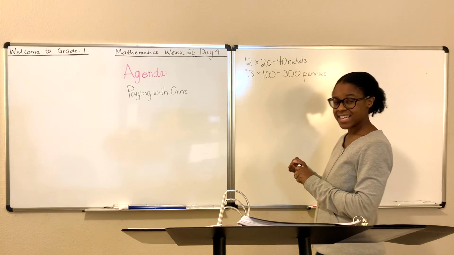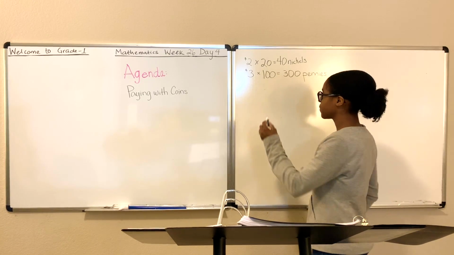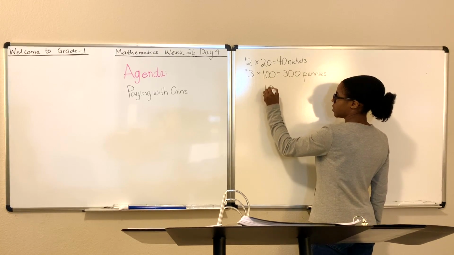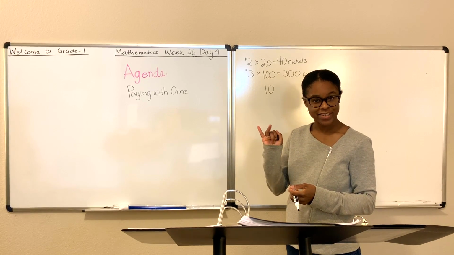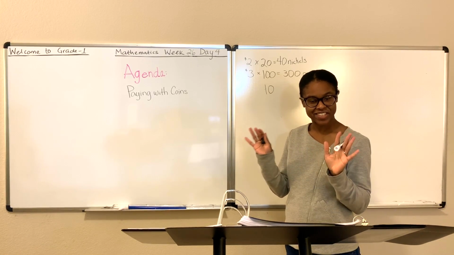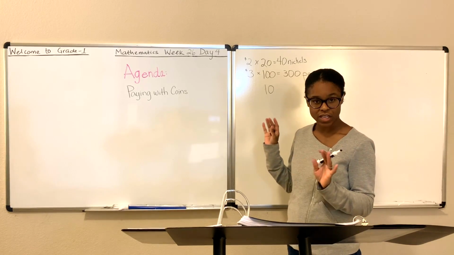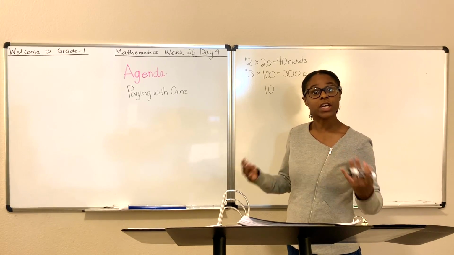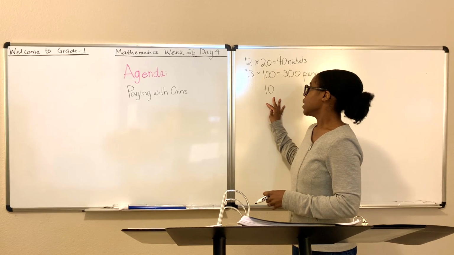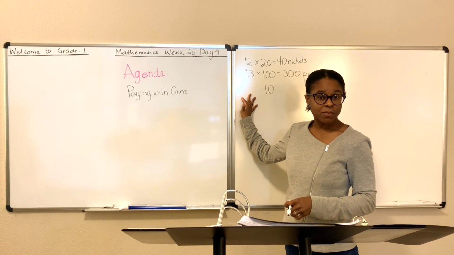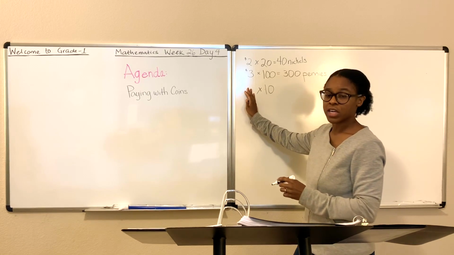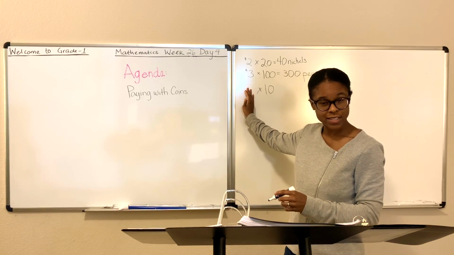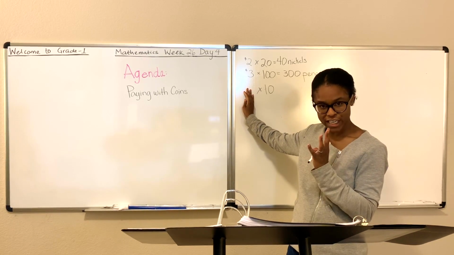We said that there are 10 dimes needed in $1. 10 dimes for each $1. 10, 20, 30, 40, 50, 60, 70, 80, 90, 100. No problem. 10 dimes for 100 pennies or 100 cents or $1. But we're not going to multiply this by 1. We're actually trying to multiply this by the price of the cereal, $4. That's right.